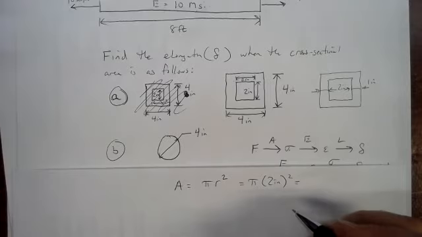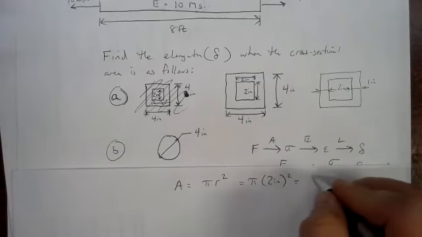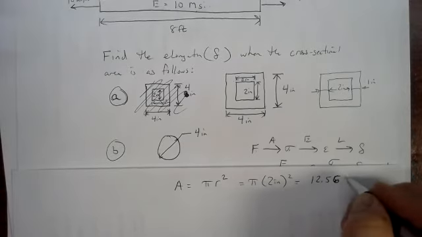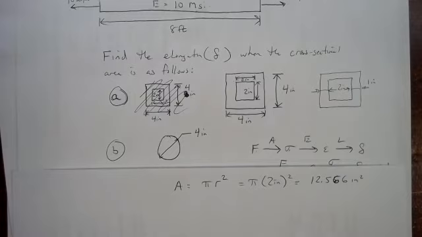If I go to my calculator, 2 inches squared is 4 square inches times pi, and to 5 sig figs, I get 12.566 square inches.